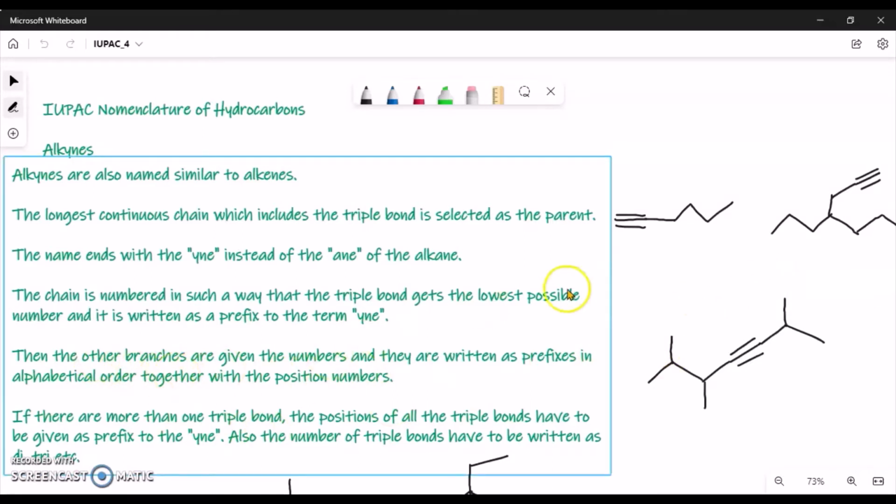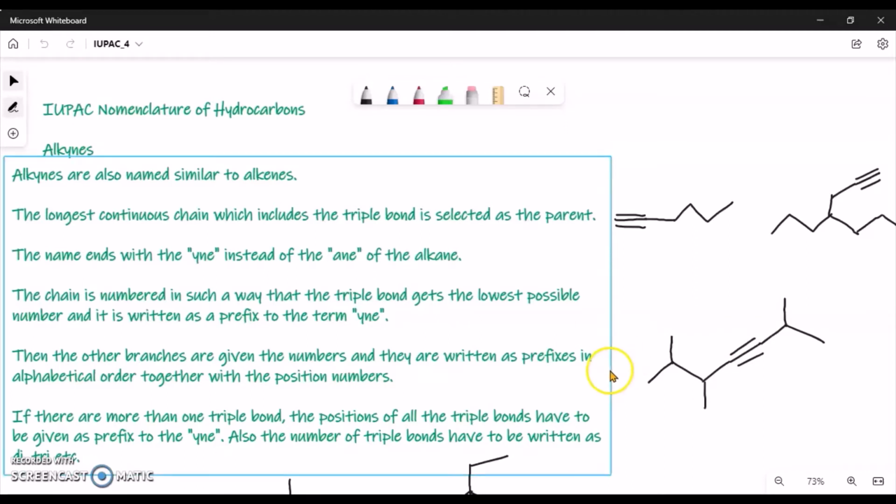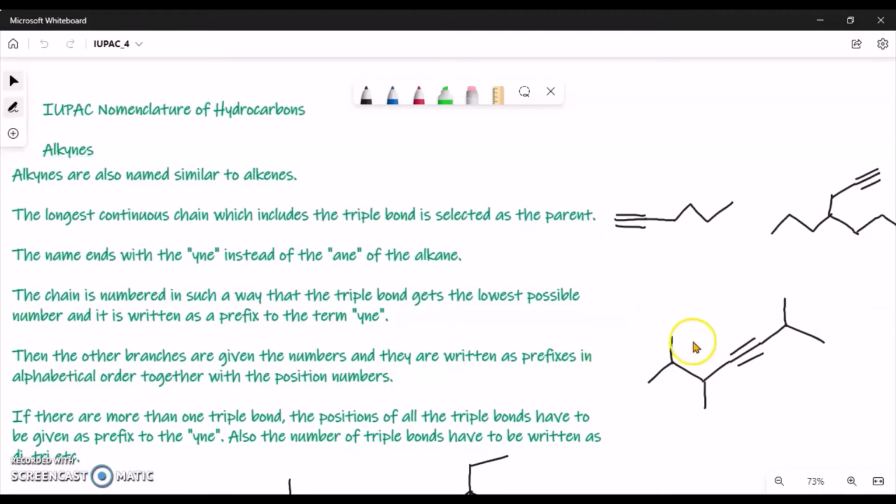After that is numbered, if there are other branches, they will get the numbers which automatically come. Those numbers are also written as prefixes in alphabetical order together with the position numbers of the different branches.